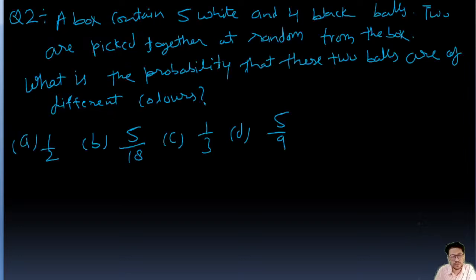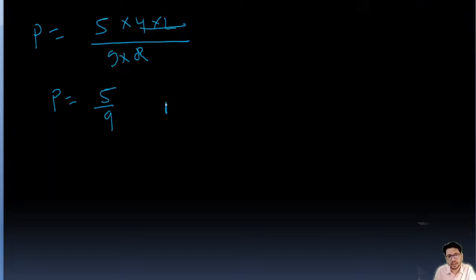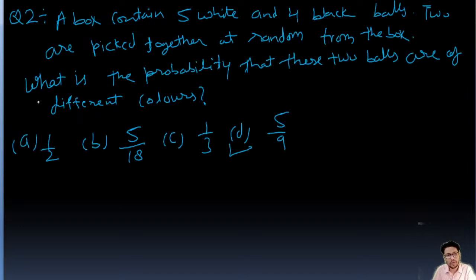Which option is matching? Option D is matching, 5 by 9. So this is the answer, guys. Very simple. There is a formula for 2 balls when we have to find the probability of getting 2 balls of different color.